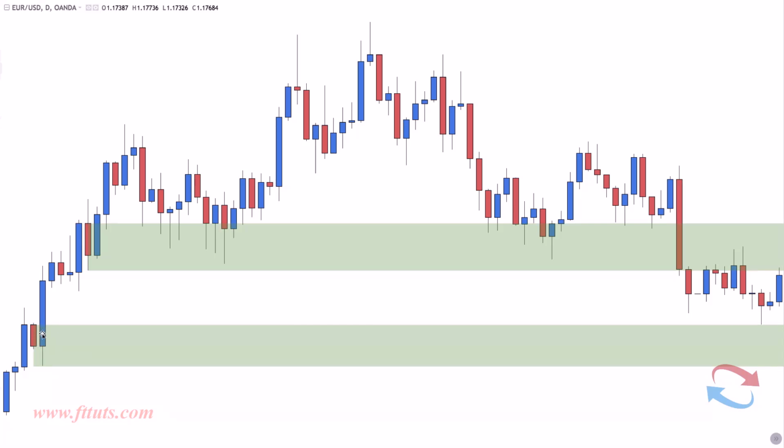Now we've got a level below here, and this would be a fresh level of demand. It's untouched, and when prices come back, you can see it just reacts off of it. What you don't want is a level that's been touched several times, 4, 5, 6 times; try to stay away or be very cautious when entering a trade.